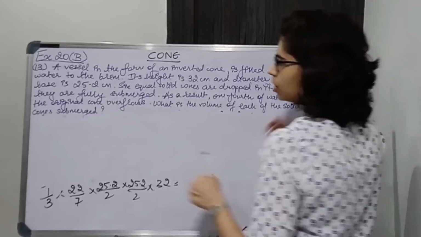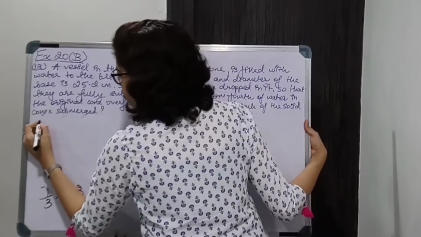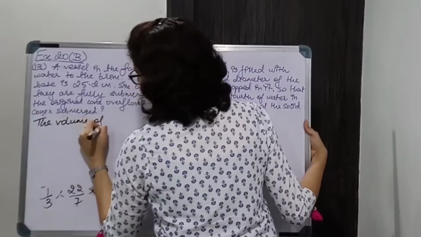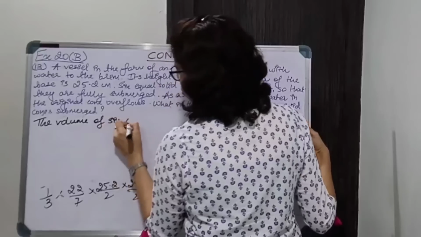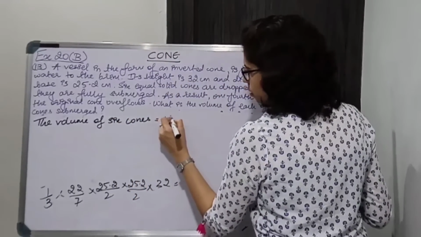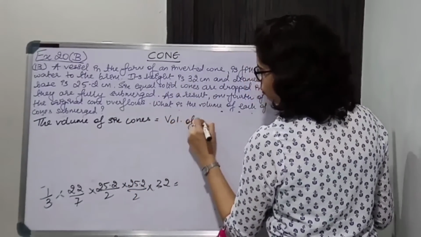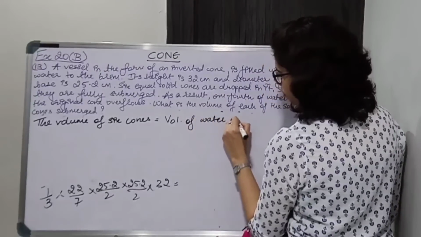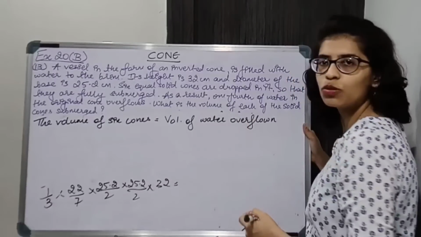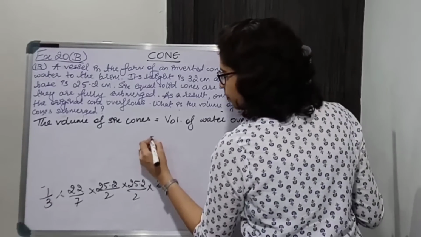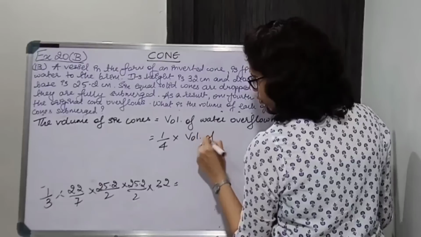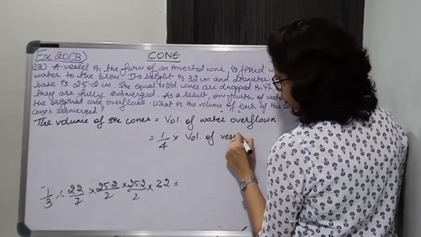So the volume of 6 cones is equal to the volume of water overflown. Now how much water is overflown? 1/4 of the volume of the vessel.